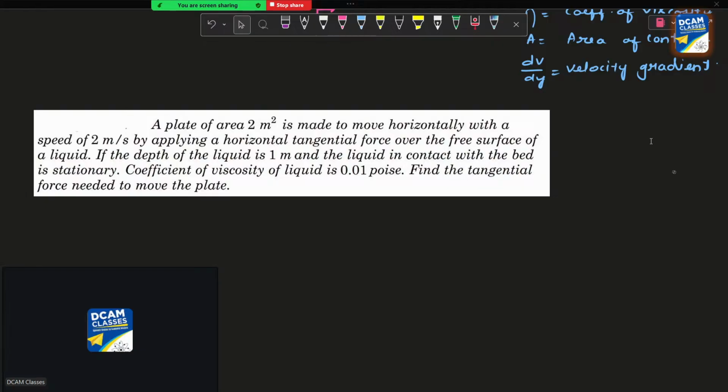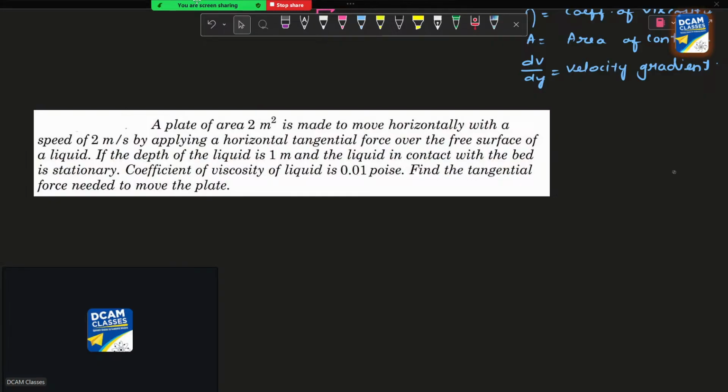It's 0.04 times. 0.04, or is it 0.004? Do we have to convert twice? No, you get 4 into 10 to the power minus 2.